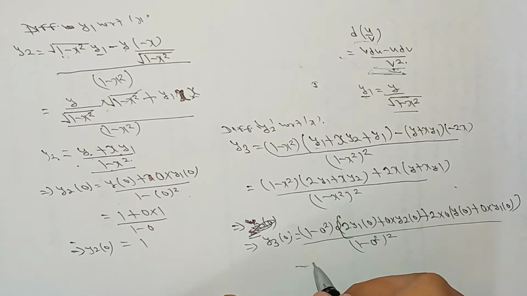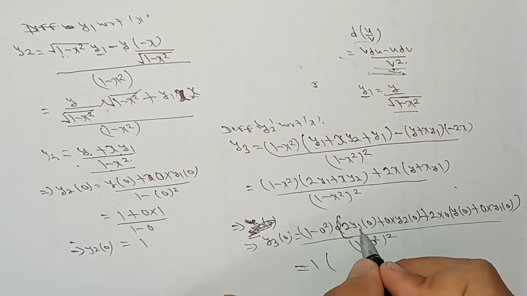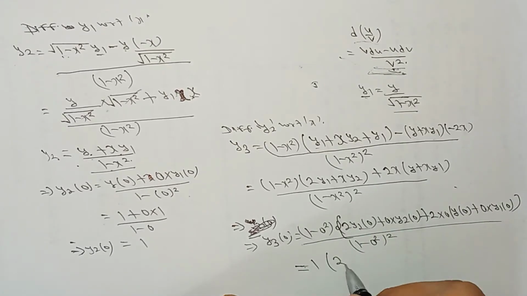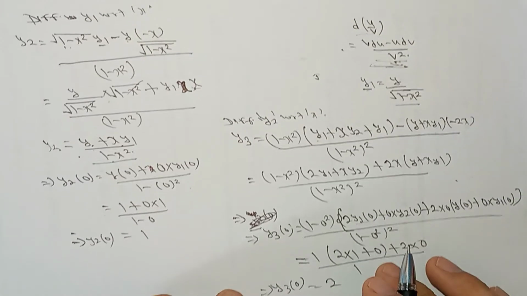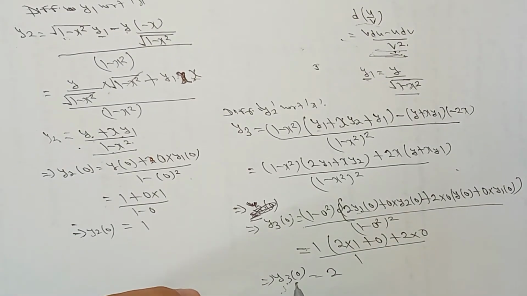So it becomes 1, and here 2y1 of 0, that is y1 of 0 means 1, we have obtained this term earlier, so into 1 it becomes 0 plus 0. So we obtain 2, so y3 of 0 is 2. We have obtained this term.